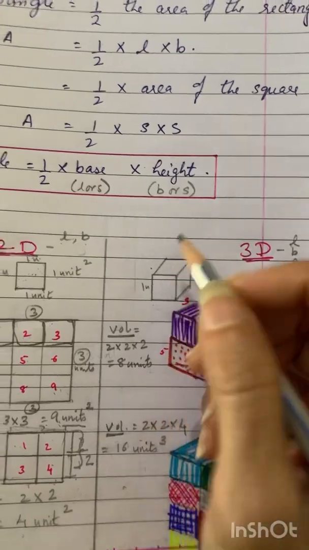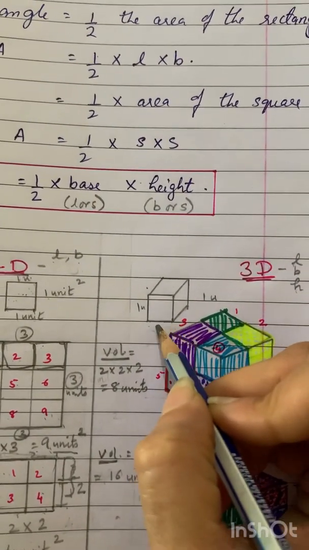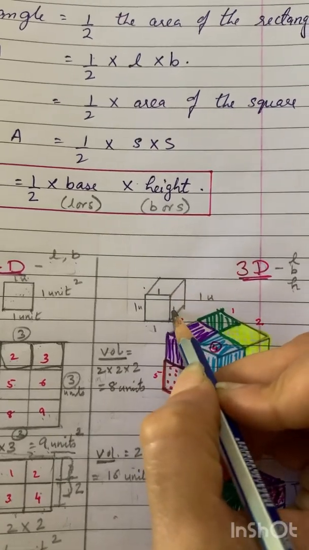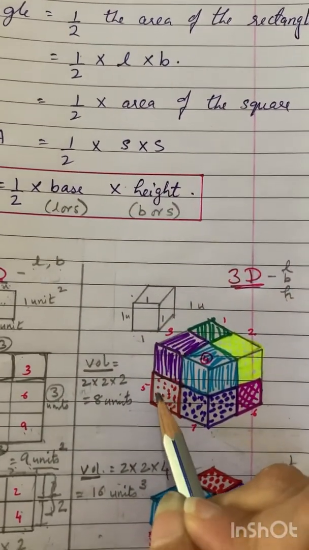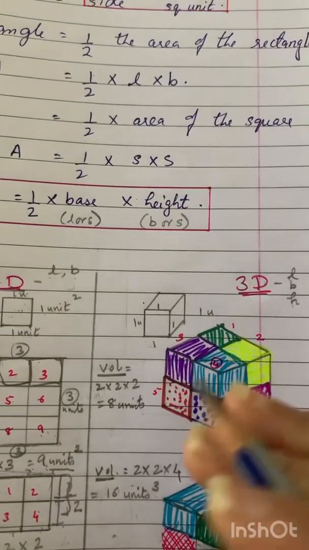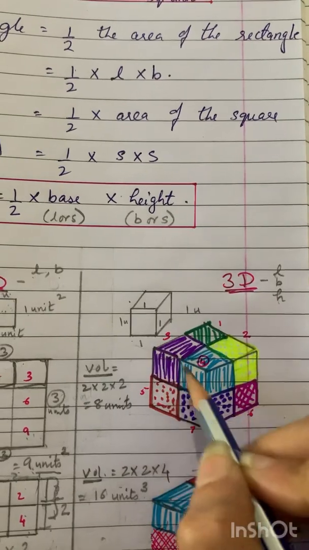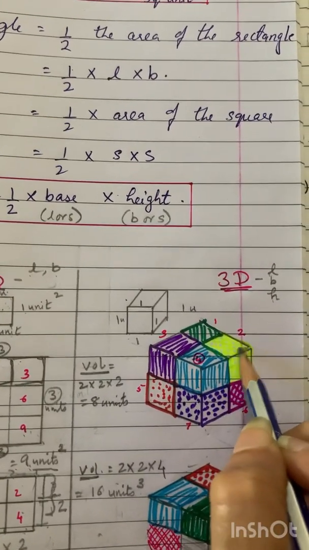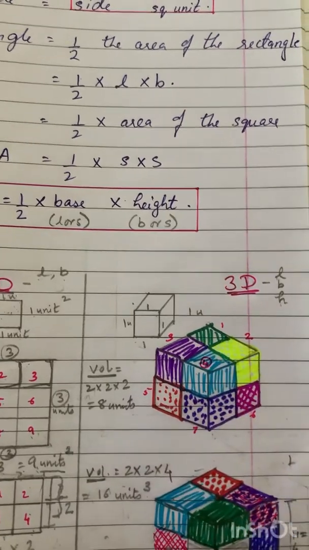So if you take a Lego block or any square block, all sides will be 1 unit. If I take one Lego box and make a stack of it, meaning I put one above the other, in this box how many such small boxes can I fit?